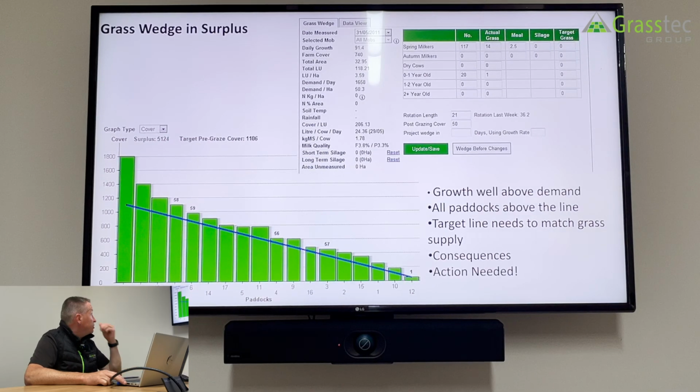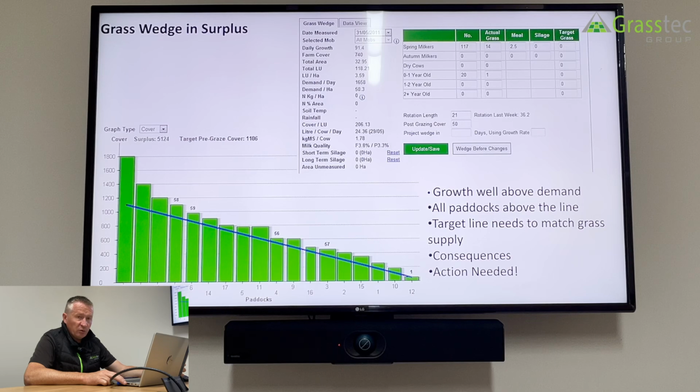So this then shows the next slide that you will have seen, a grass wedge that's in surplus. Very clearly you can see that the amount of grass is a lot higher in practically all the paddocks, way above that target blue line. So there's already a surplus on the farm, and if this is allowed to continue, surpluses will continue to build, and you'll have a problem then that the pre-grazing cover will be too high ahead of the cows.